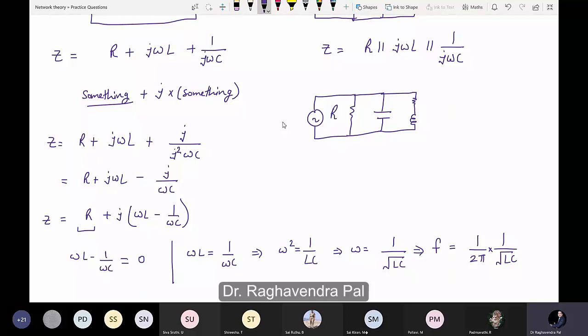So R, C, here the L is given, and this resistance is associated with L. So that is why it is called RL. If you want to calculate the resonance frequency of it, the corresponding impedance will be R parallel to 1 by j omega C parallel to RL plus j omega L.